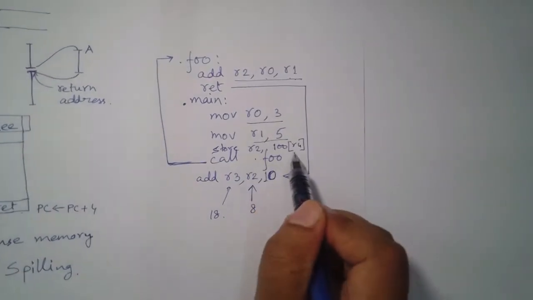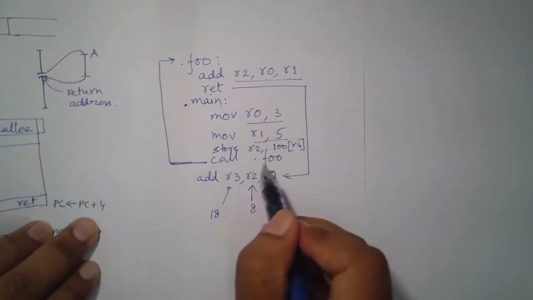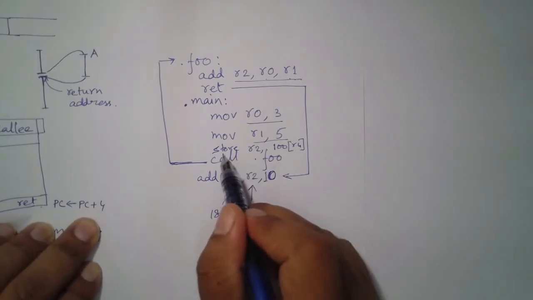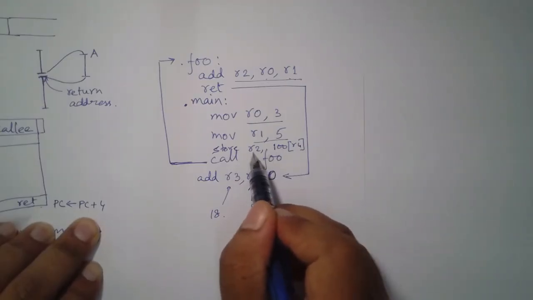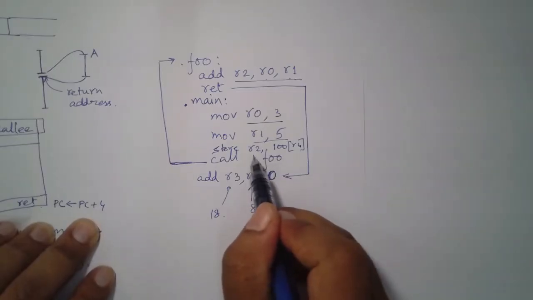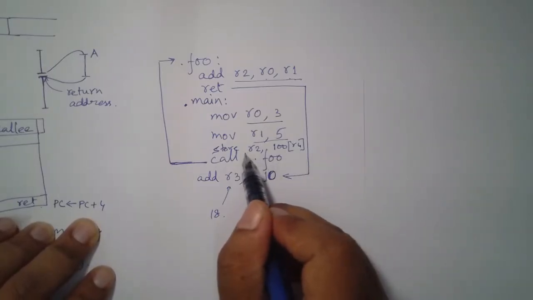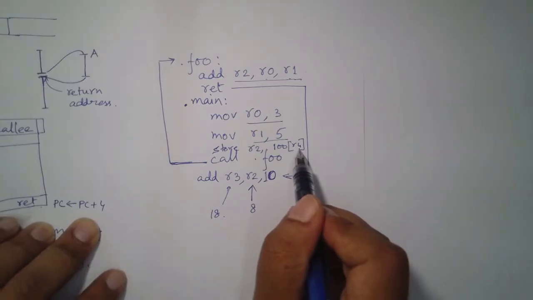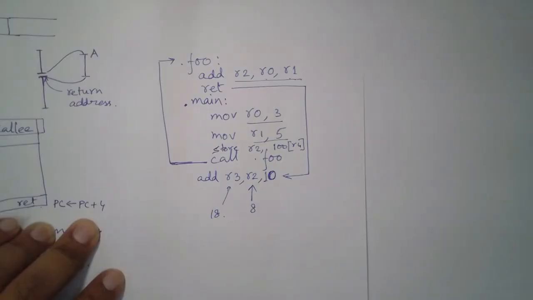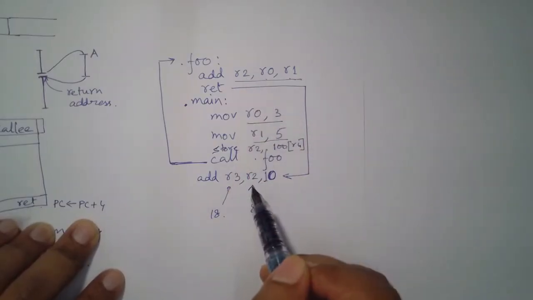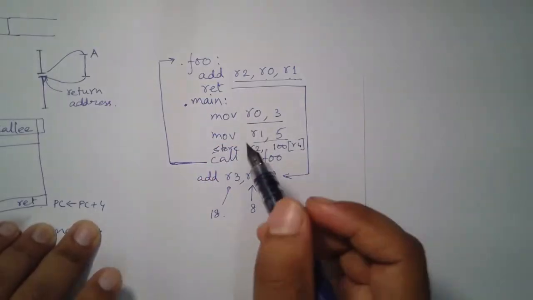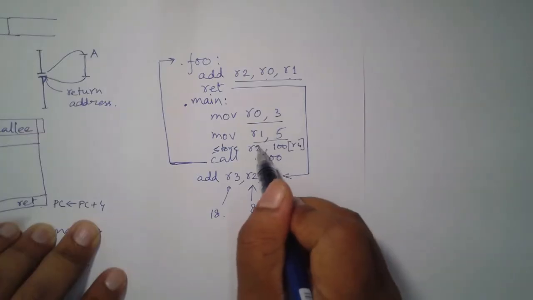In this case, before I call the function foo, if I do not want to lose the value, or take any risk that R2 should be disturbed, I store this value of R2. R2 may be a bad example here, because R2 is used for getting the result back. So, let us say I am just writing down R3.